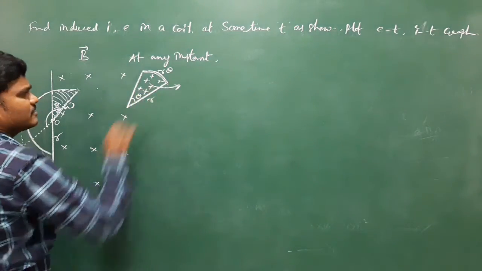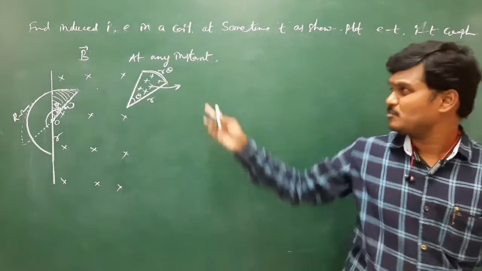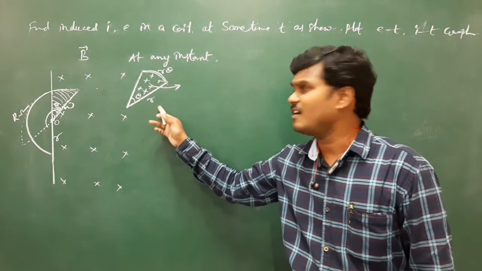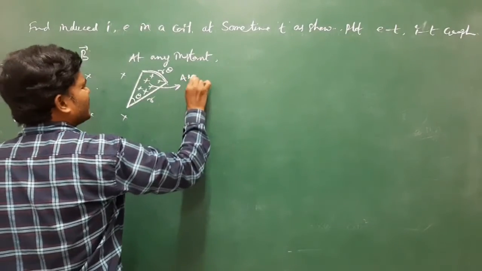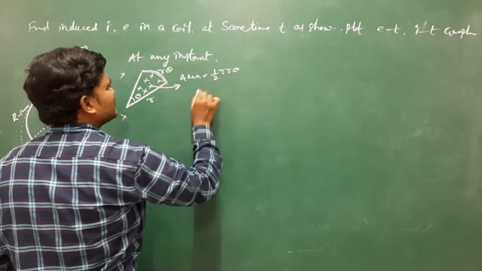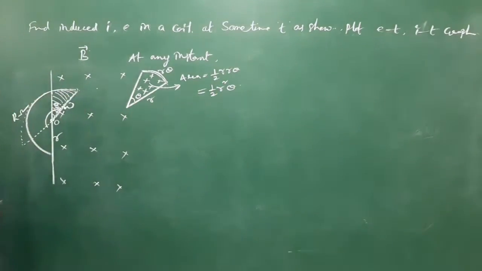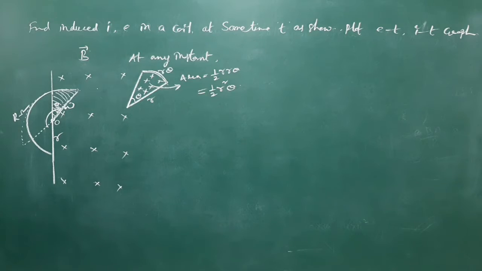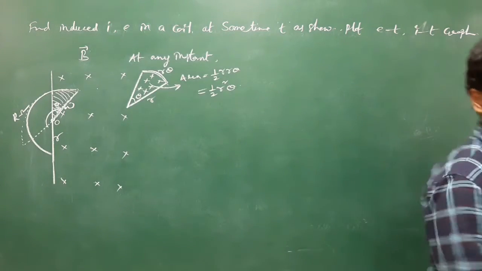Sector area is half r square theta, half into base into height, because a small portion we can treat as a triangle. So the area is half r square theta. Once we have the area, we can get the EMF and the induced current.